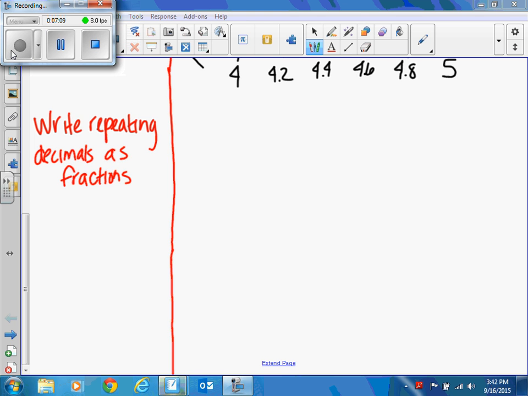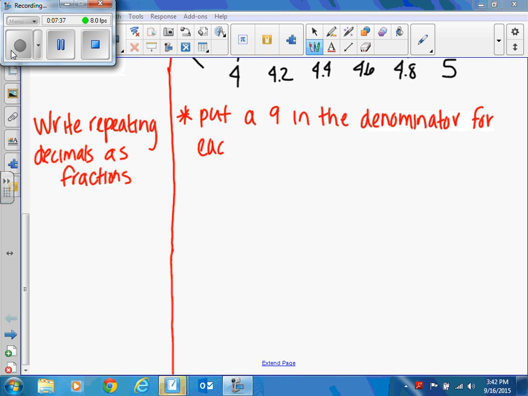So if you remember when you did this before, you're going to put a 9 in the denominator for each digit under the line. And what I mean by line is the repeating decimal line.